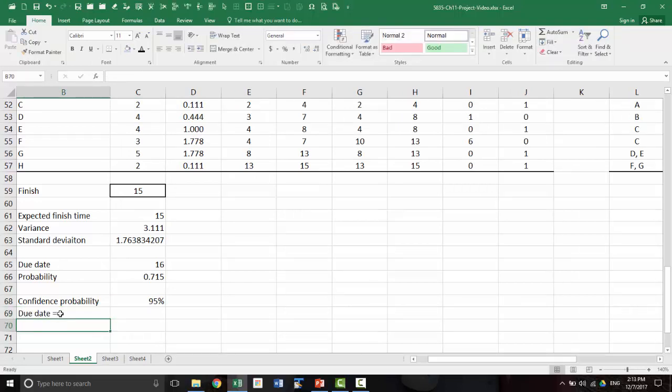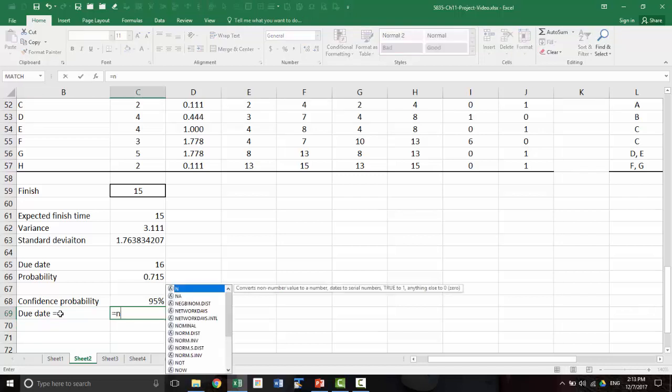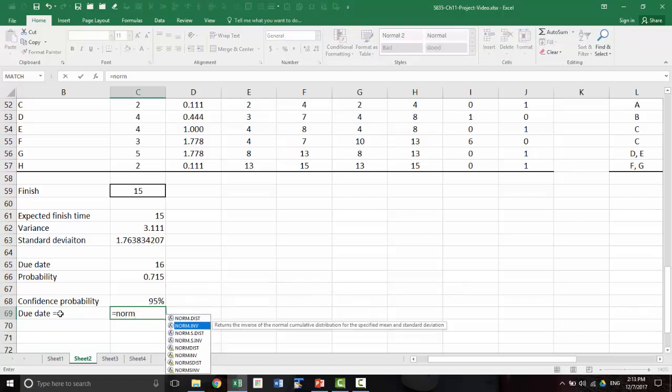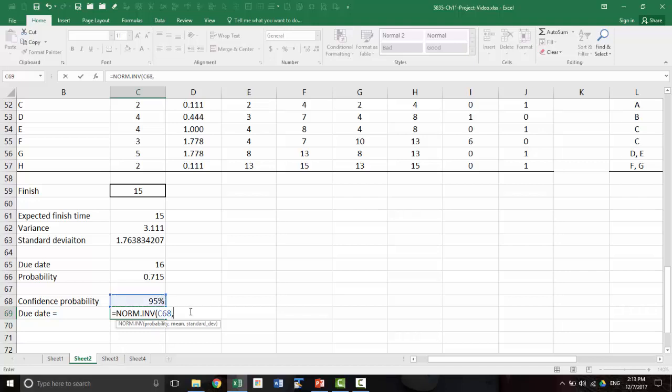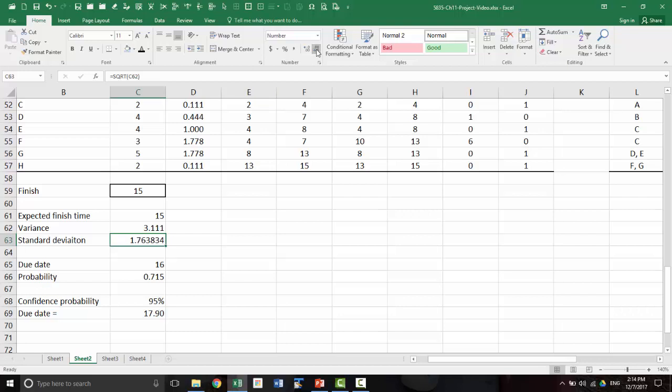Due date for 95% confidence will be norm.inv, and then the probability. Okay, so it's cumulative probability that you should use. Okay, mean and standard deviation. So that will give you 17.9.